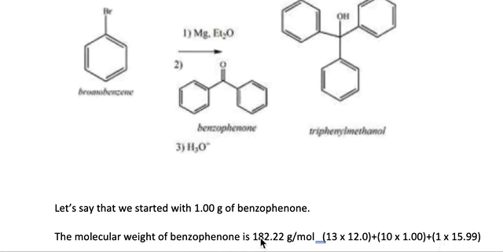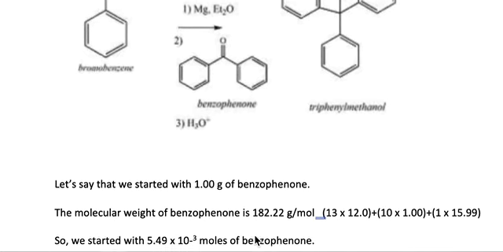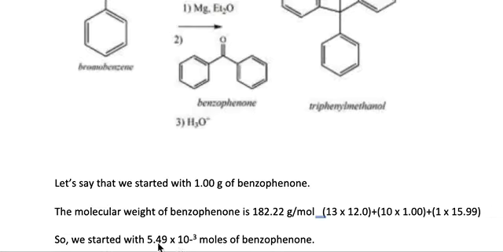But, using 182.22 grams per mole, we can say we've only got 1 gram. So just by common sense, we know that we're going to have a whole lot less than 1 mole of benzophenone. 1 mole weighs 182 grams. We don't have anywhere near that. So 1 divided by 182 gives us about 5.5 times 10 to the negative third moles of benzophenone.